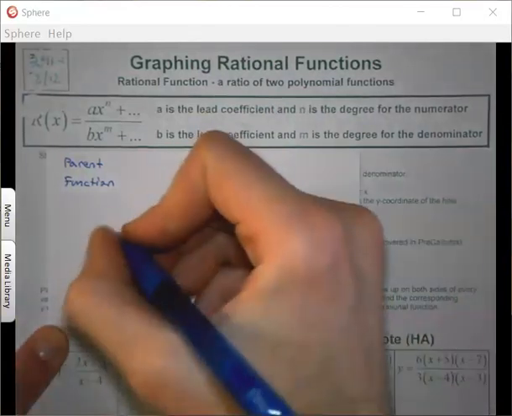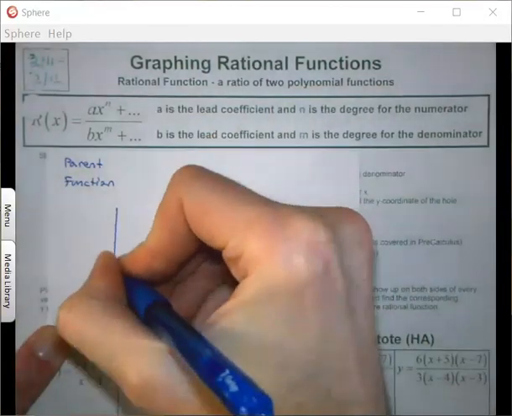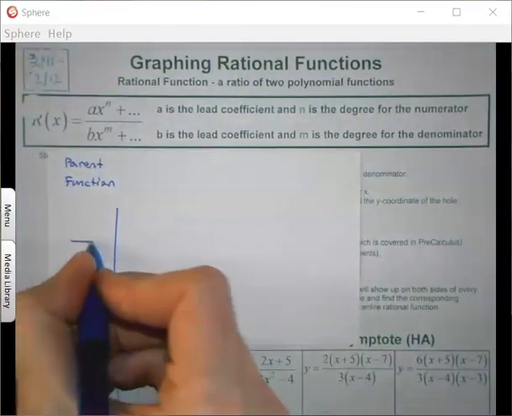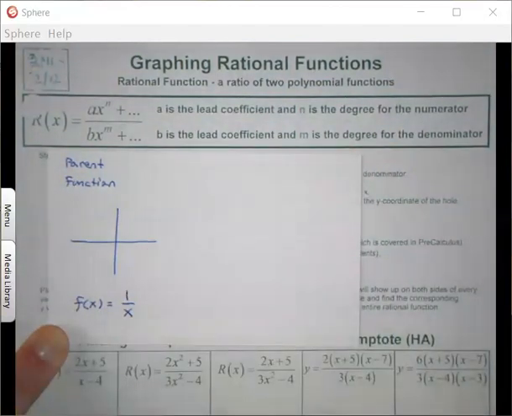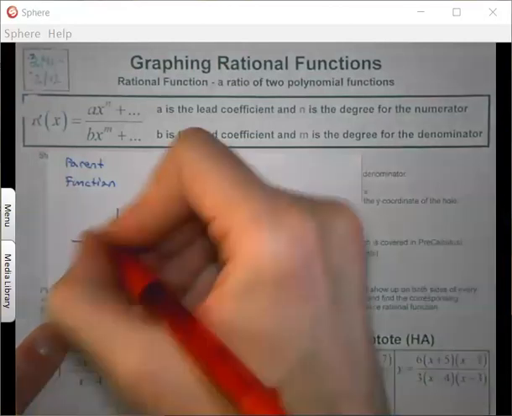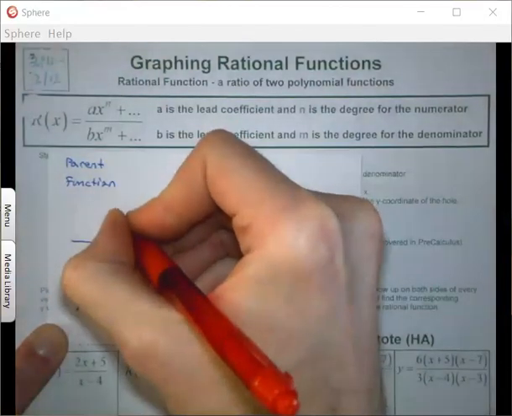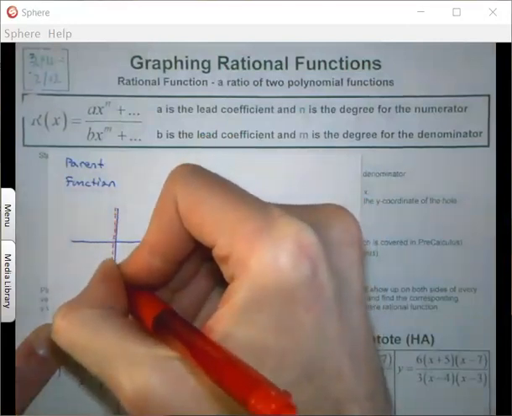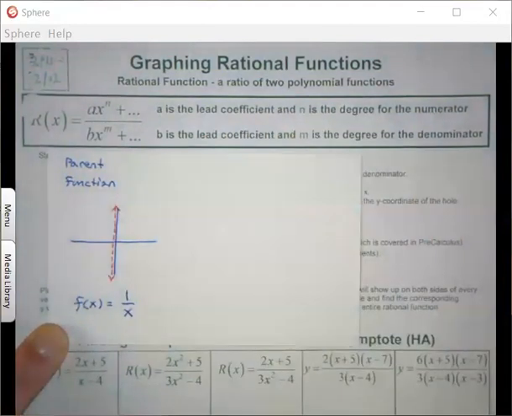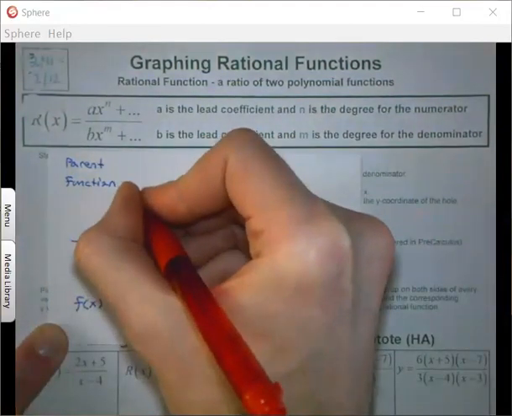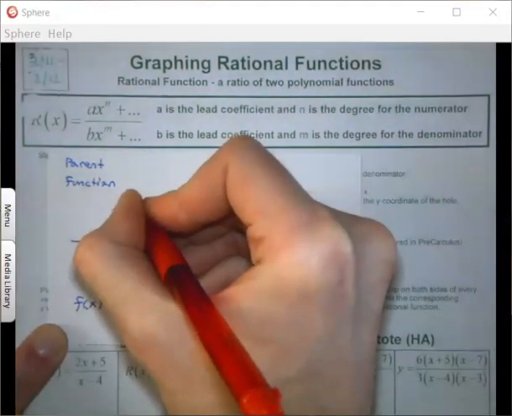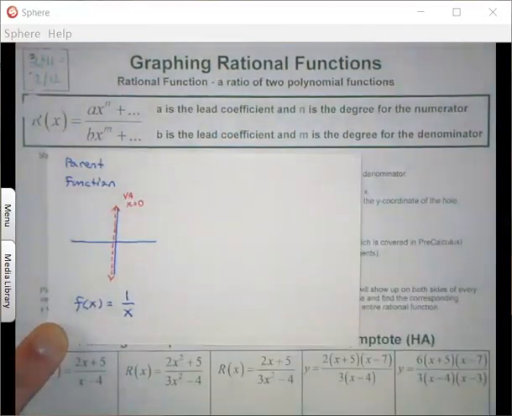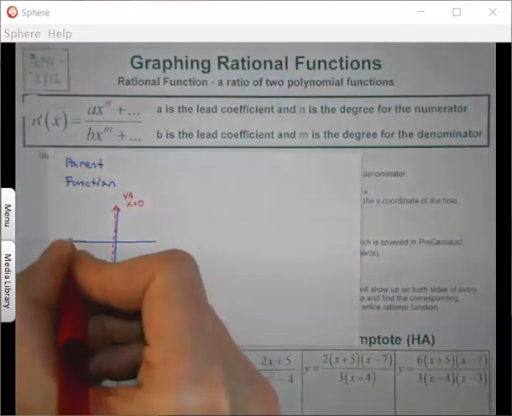Now 1 over x is going to have two asymptotes. It's going to have a vertical asymptote at x equals 0. So VA, vertical asymptote, at x equals 0. And then it's going to have a horizontal asymptote.